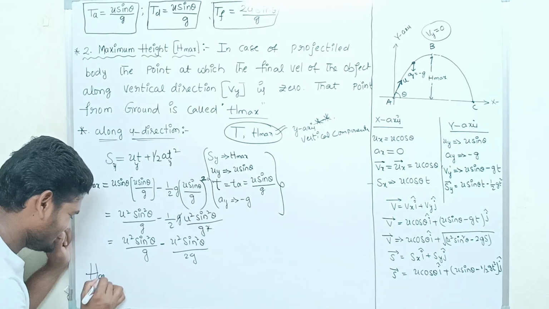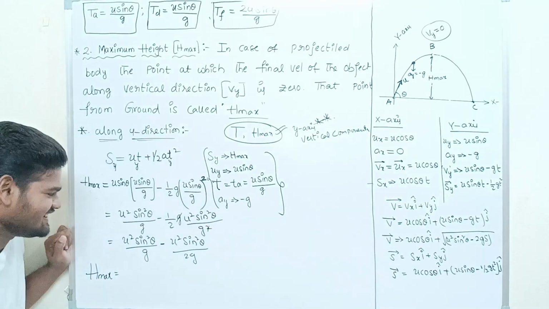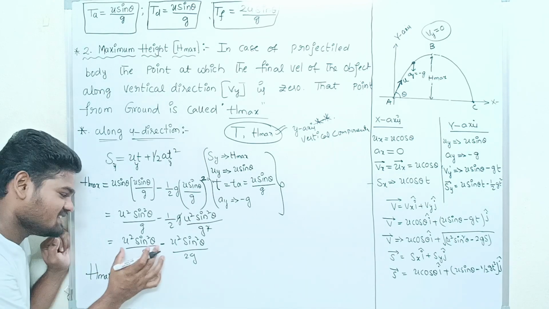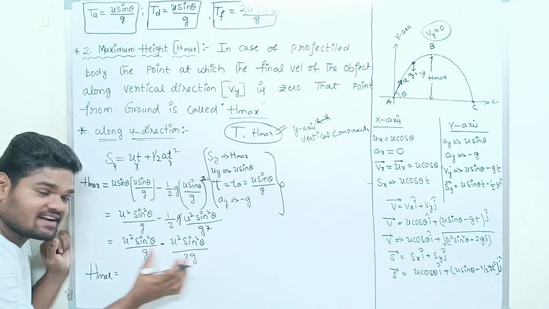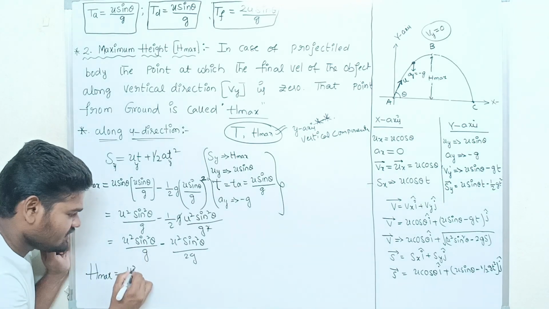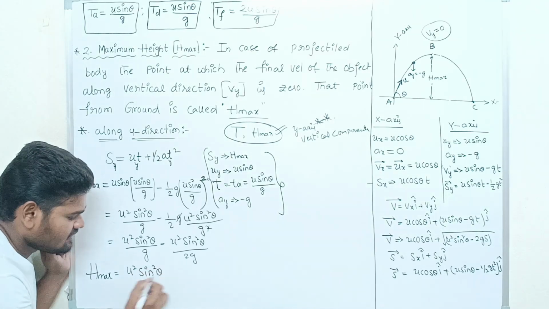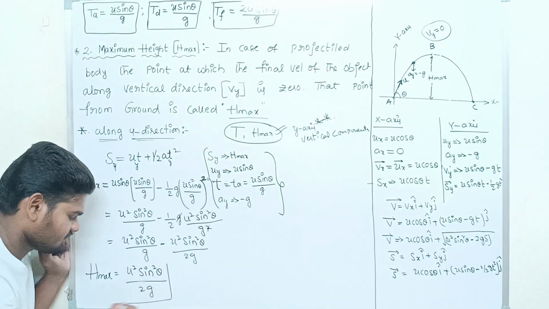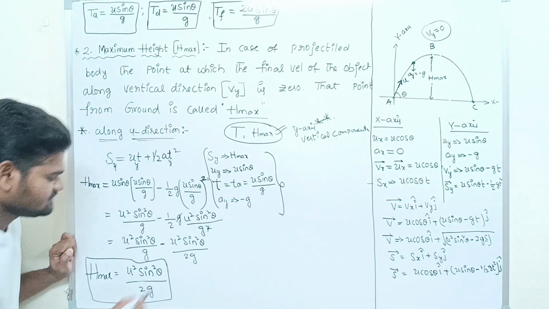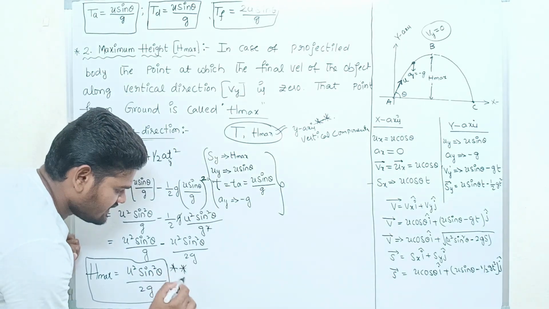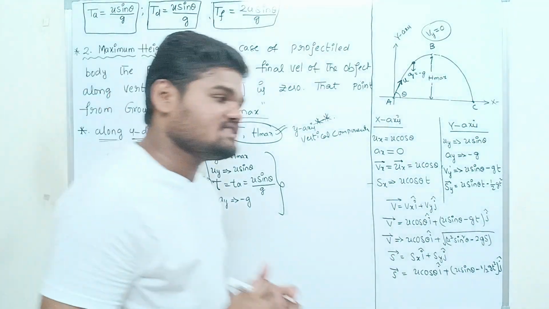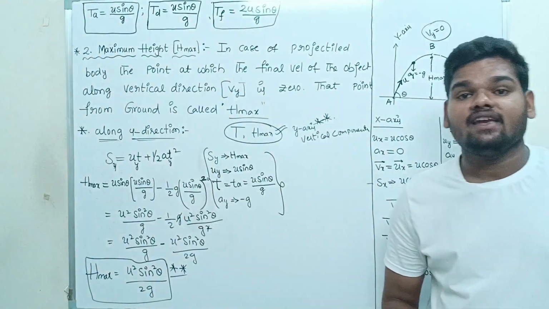So this is a full quantity and this is a half quantity. Full minus half, half u square sin square theta by g. Any difficulties? No difficulties now. So we got the equation for H maximum, u square sin square theta by 2g.